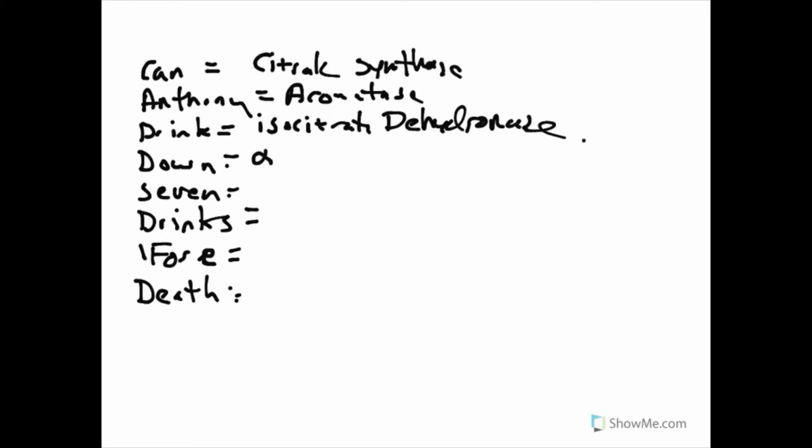We then have alpha ketoglutarate dehydrogenase. This is where you have to remember the D's here are standing for dehydrogenases. Any D that is in this is dehydrogenase. And oftentimes to remember, it's just the enzyme that is dehydrogenating that preceding molecule.